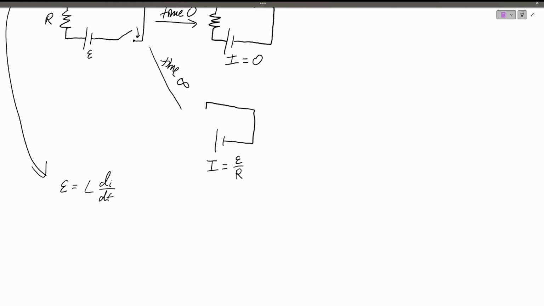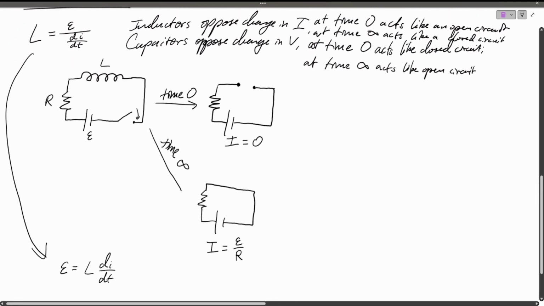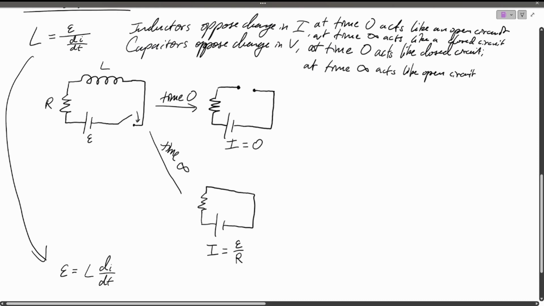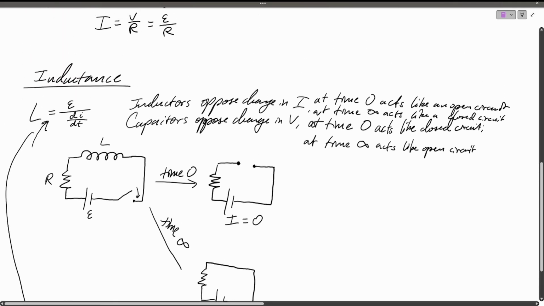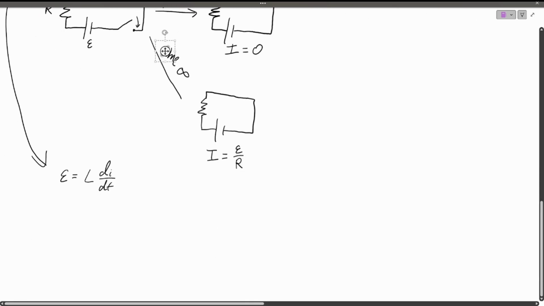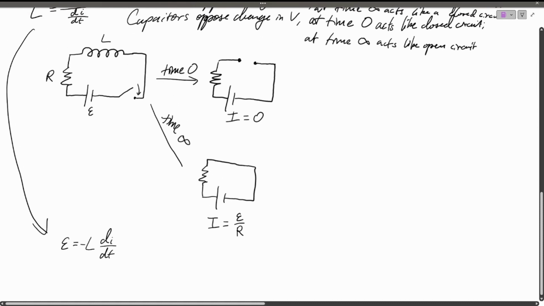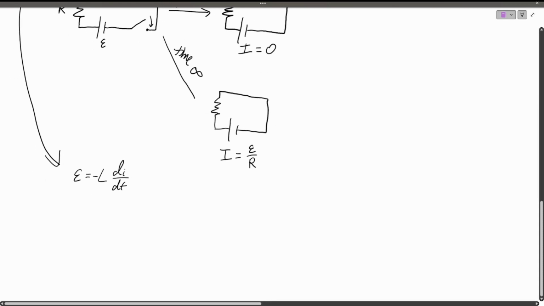Oh, why is this all jumbled up? Here, let me pull up the AP formula sheet. Okay, let me just double check. Epsilon is equal to, okay, there's supposed to be a negative sign there. Alright, cool.